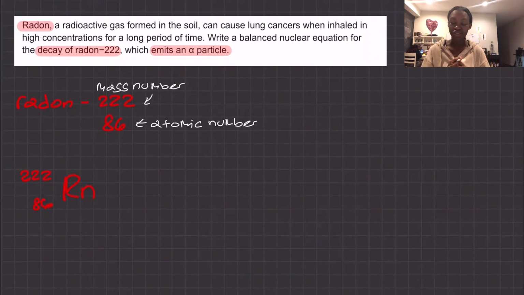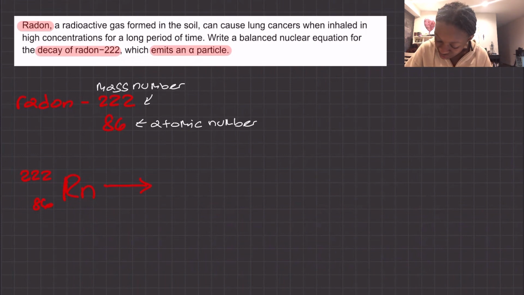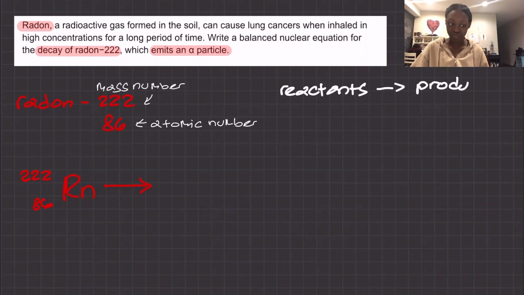Remember, we are writing a balanced nuclear equation for the decay of radon. So our sole reactant, which is on the left side, is radon. Our products will be one element or one isotope and an alpha particle. The proper way to write a nuclear equation is reactants on the left, products on the right.